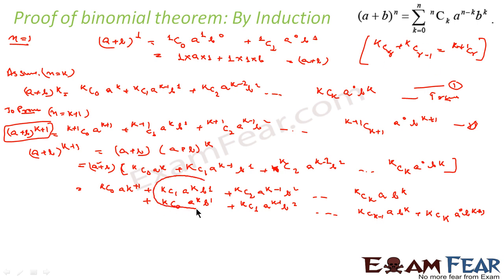So we'll add these. This is nothing but kCr, r is 1, plus kC(r-1). We'll add these two also.